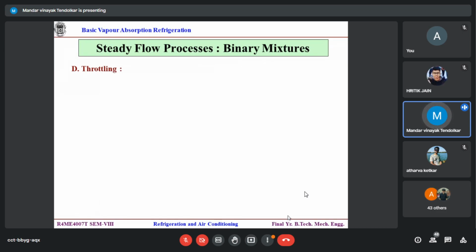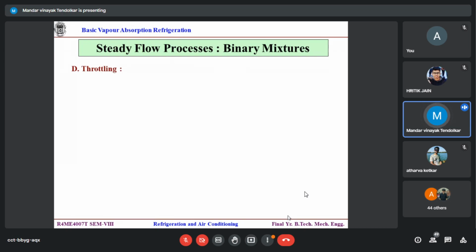Now if you observe the HX chart, the enthalpy concentration chart, during throttling only the pressure gets reduced, correct? Concentration would not change. So your X1 equals X2, and being a throttling process, H1 also equals H2, so you will get a unique point. Correct? The only thing that will change is the pressure.